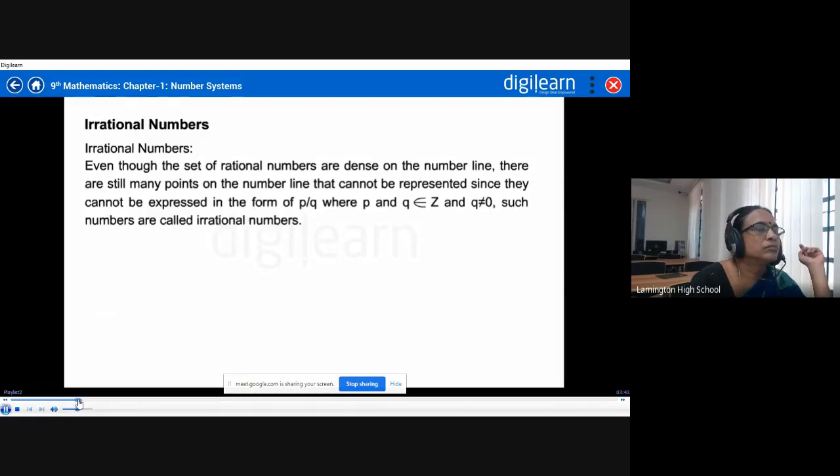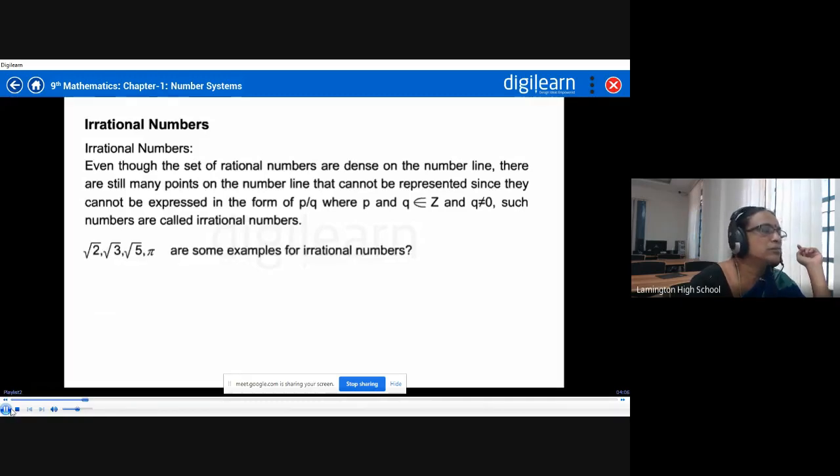Even though the set of rational numbers is dense, there are still many points that cannot be represented, since they cannot be expressed in the form of p by q, where q is not 0. Such numbers are irrational.